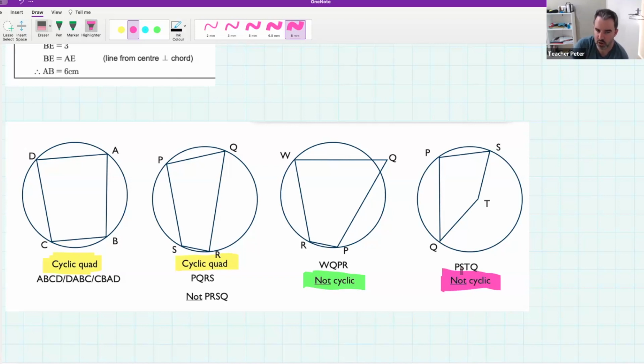So as we are going to start talking about this new type of word, what do you notice about cyclic quads? This will be easier if you just put your hand up and you give me an audio snippet. How would you define a cyclic quad by looking at this picture? How would you define this, a cyclic quad?